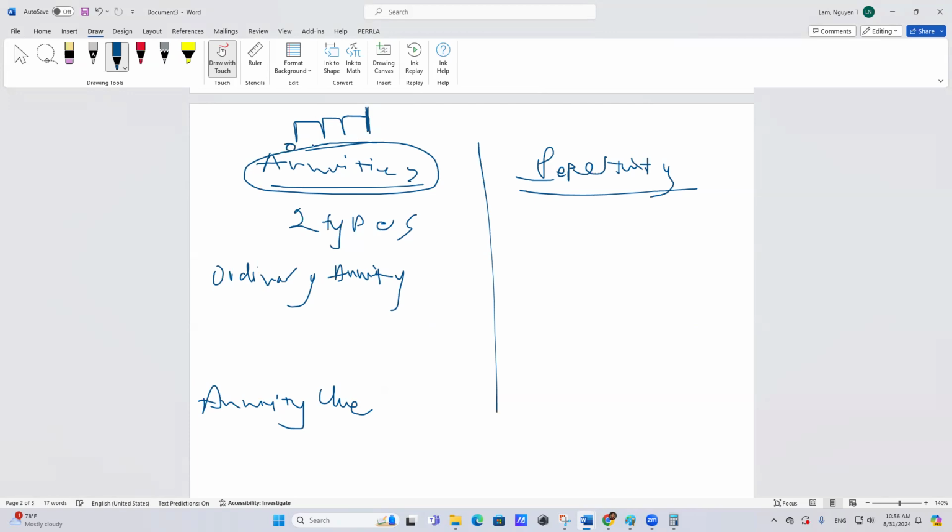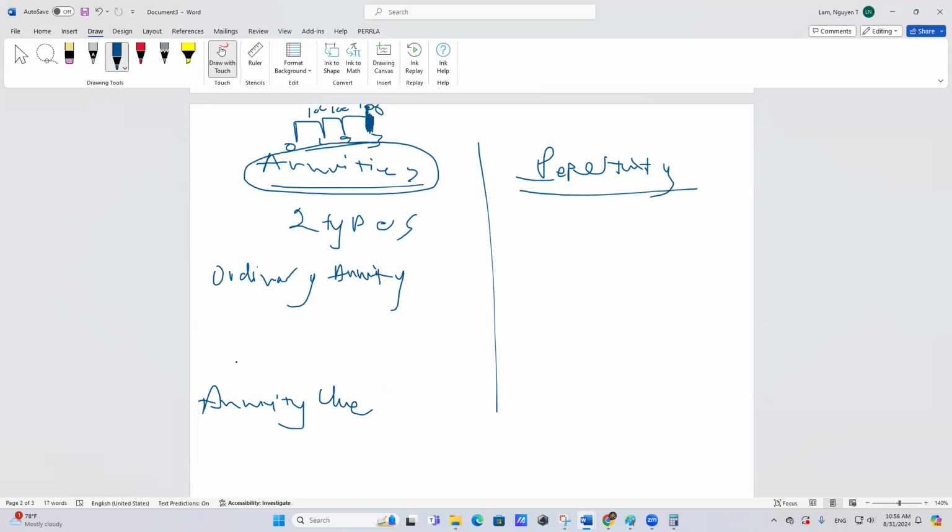So let's say you're going to receive $100 for 3 years. The keyword is 3 years, right? So it's ending in the third year. Anytime you see that there is a limited, ending period, then that is an annuity.